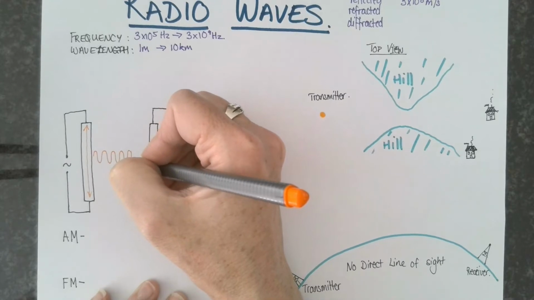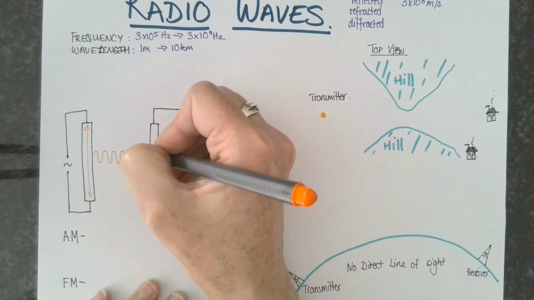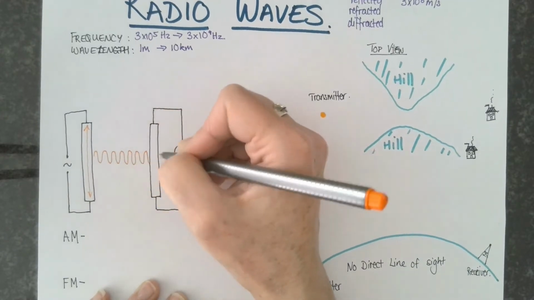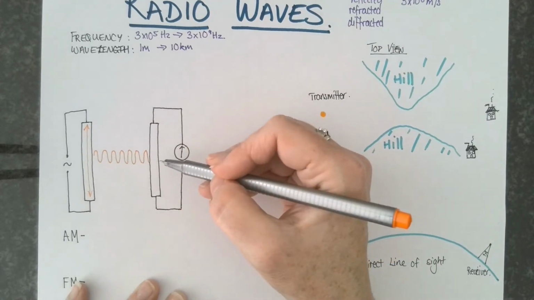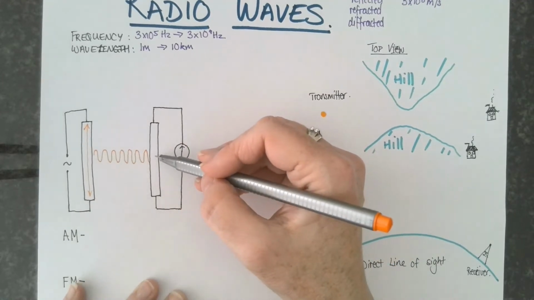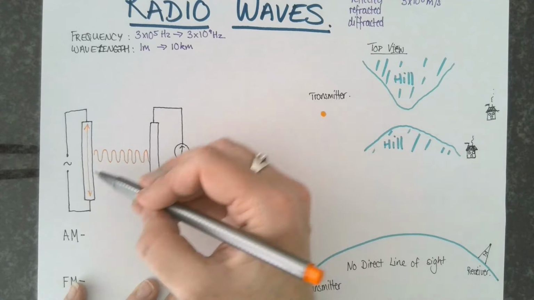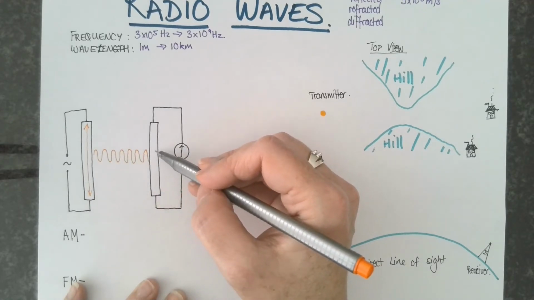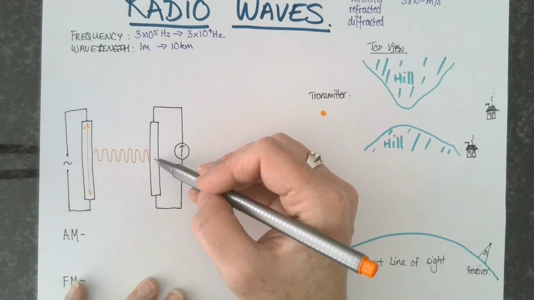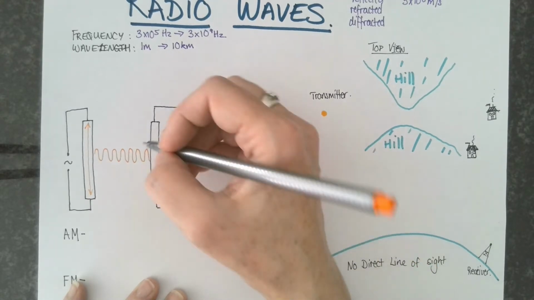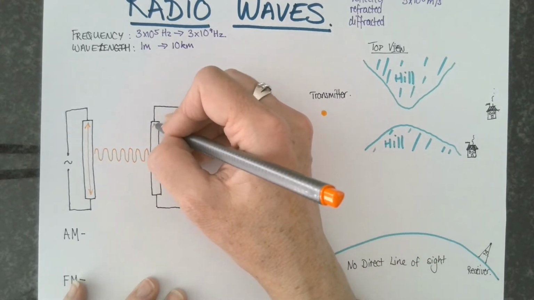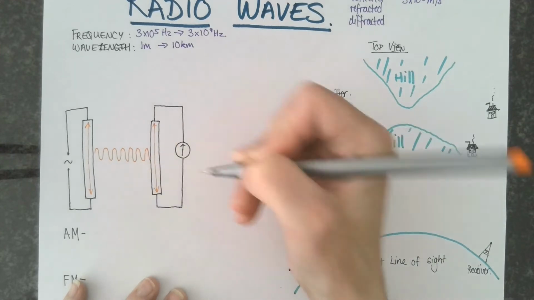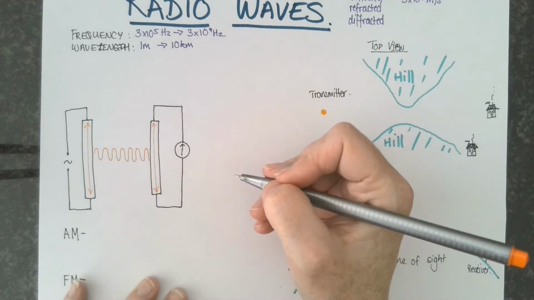the voltage is changing. When that radio wave reaches an aerial or another piece of metal, instead of just staying as a radio wave, it puts a force on the electrons in the wire, and it induces an alternating voltage in our aerial.